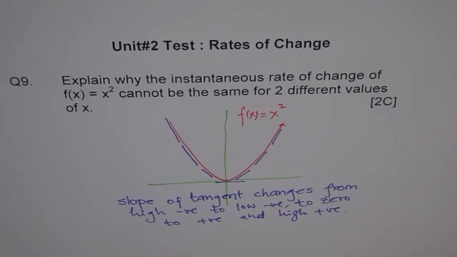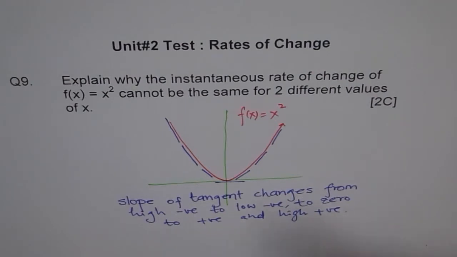So that is the characteristic of a parabola, f of x equals x squared. Even if we transform this function, this characteristic will remain. So in any parabola you will find that the instantaneous rate of change will never be the same at any two points, correct?